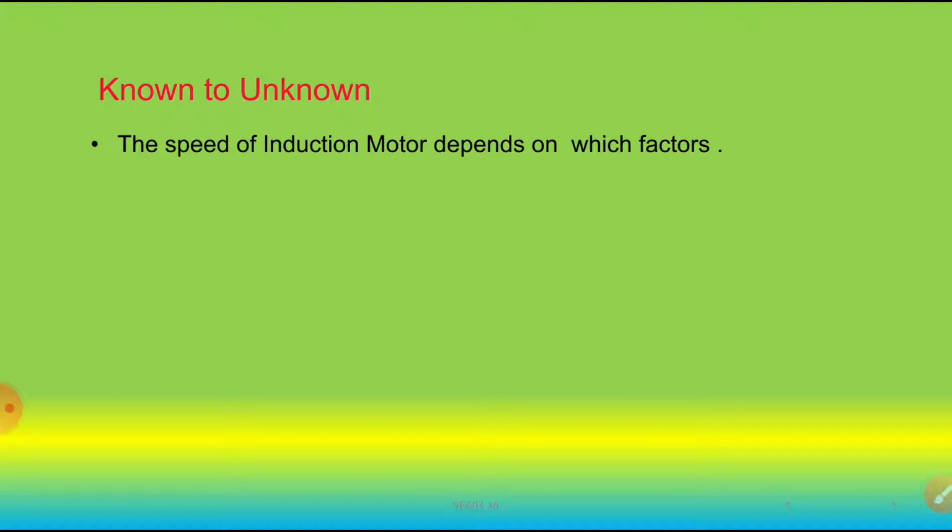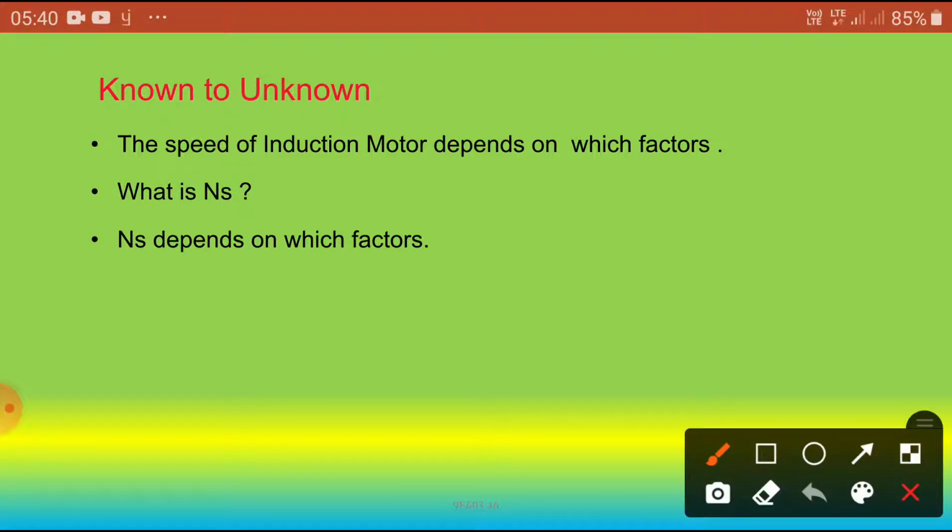Known to unknown: the speed of induction motor depends on which factors? What is the synchronous speed? We already know that synchronous speed ns is equal to 120 f by p.